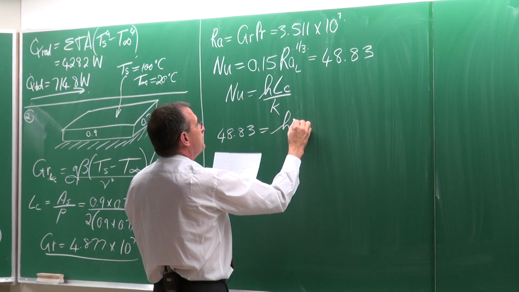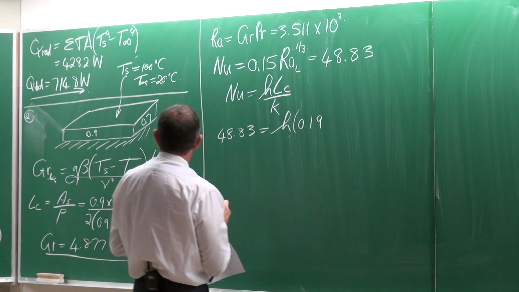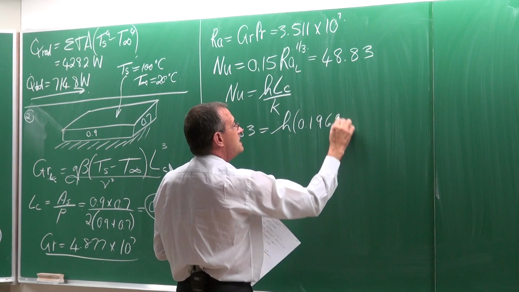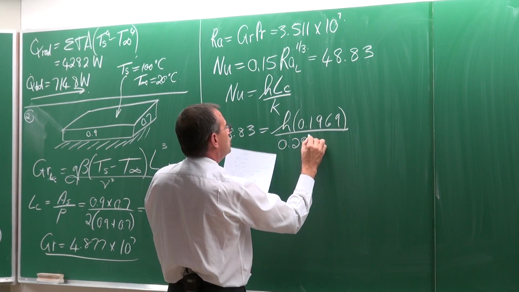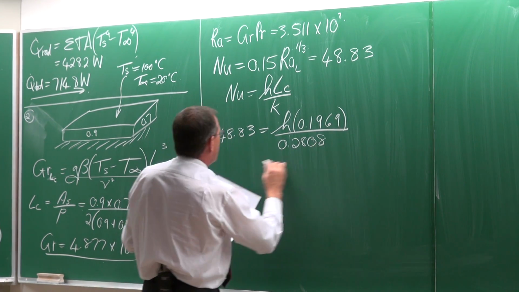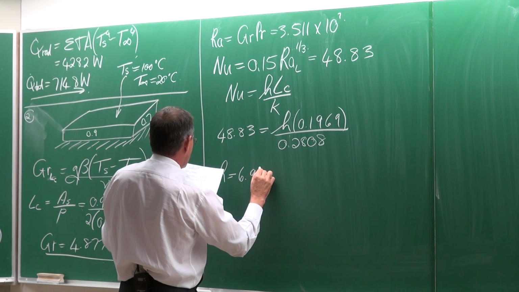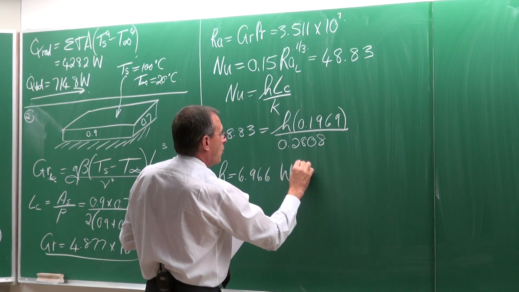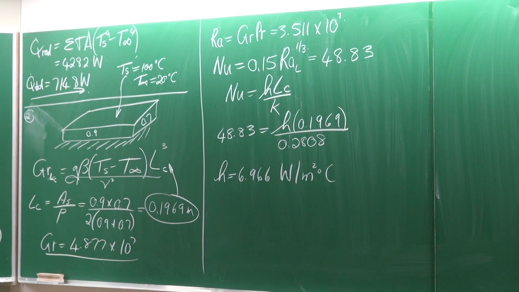The heat transfer coefficient multiplied by the characteristic length, which is equal to 0.1969, divided by the thermal conductivity, which is equal to 0.2808, and that will give me a heat transfer coefficient of 6.966 watts per square meter degree Celsius. Okay?